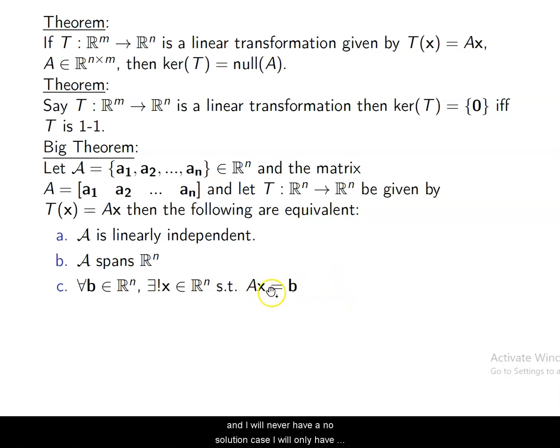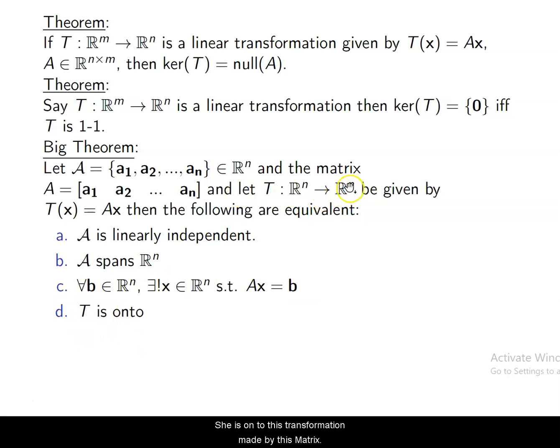I will only have a single, unique solution. For every b inside of Rn, my range, there exists a unique vector in my domain such that if I multiply my transformation or my matrix A times that unique vector, I will get out that b that I'm interested in.